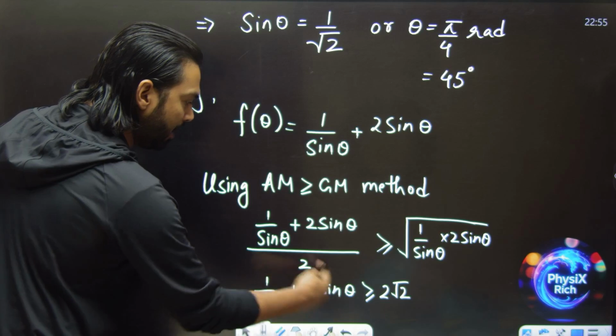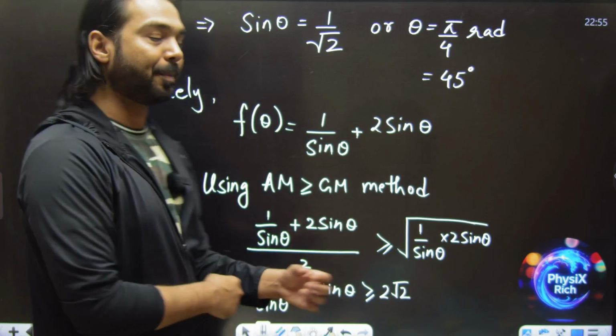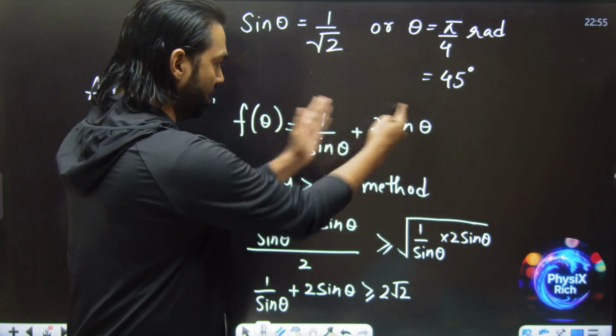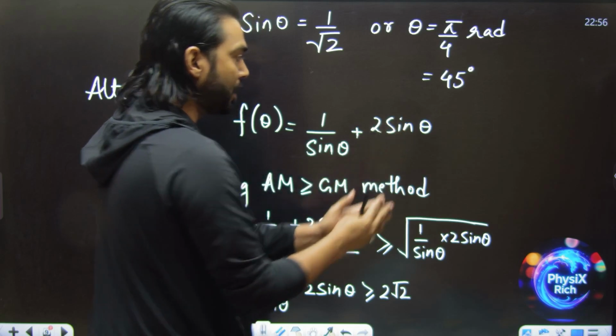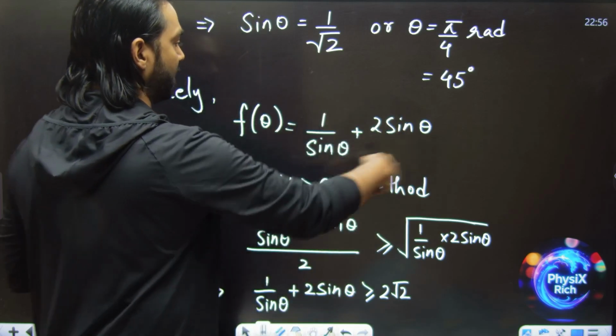So this thing simply comes out to be greater than or equal to 2 root 2. And also, guys, this happens when both these things become equal to each other. When 1 upon sine theta and 2 sine theta become equal to each other, that is when this entire term gets minimized.